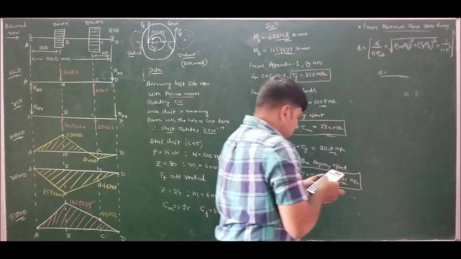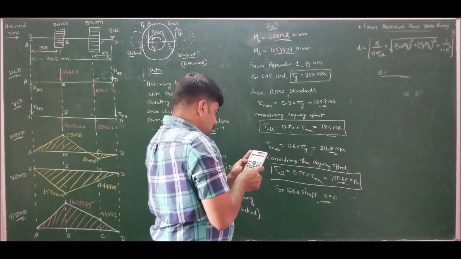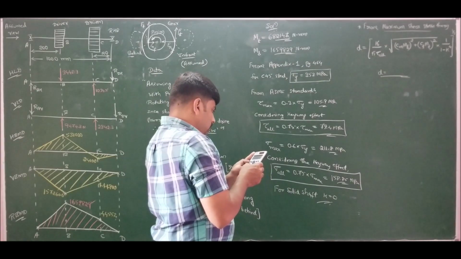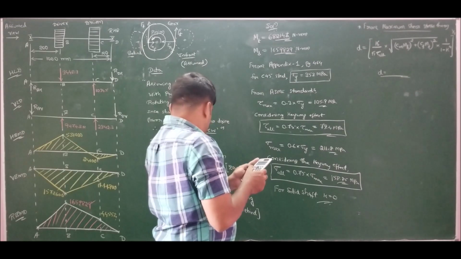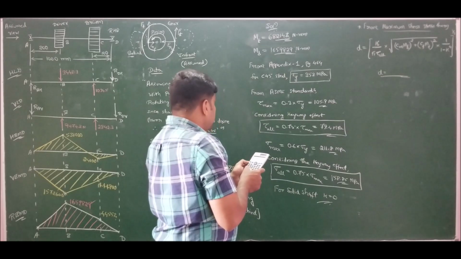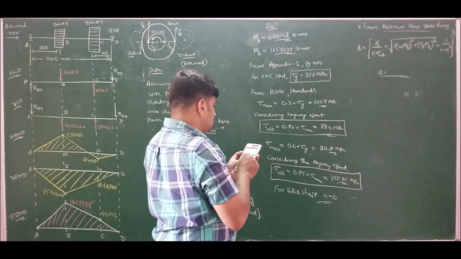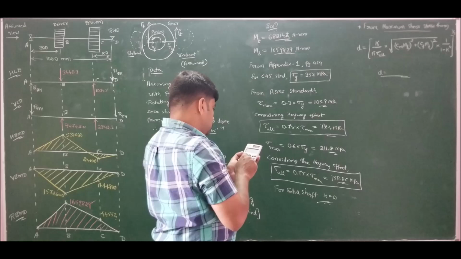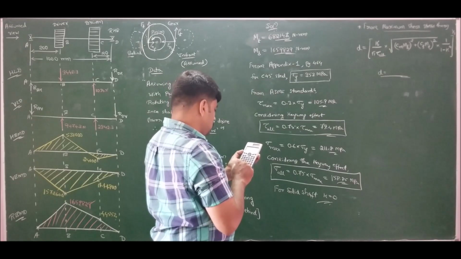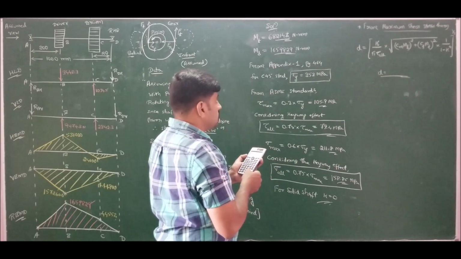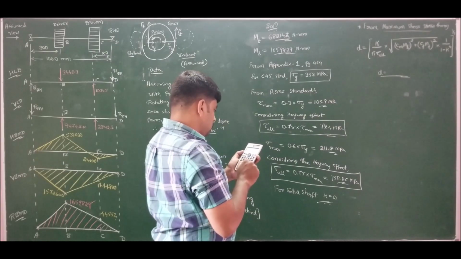So if I solve, I'll get the answer as 16 by pi into tau allowable 79.4 into root of (Cm is 1.75 into Md is 1659829) plus (Ct is 1.25 into Mt is 682143) whole square, to the power of 1/3.